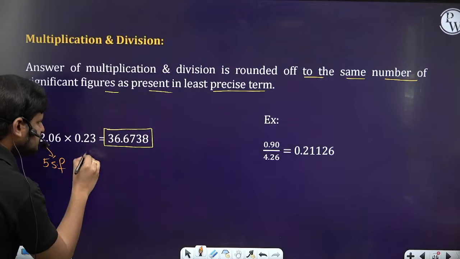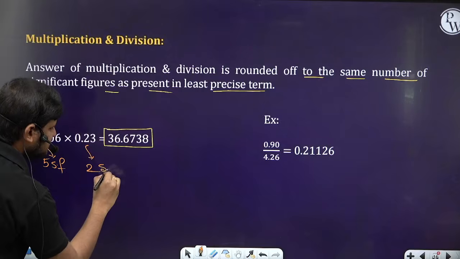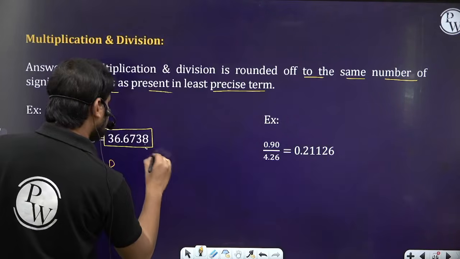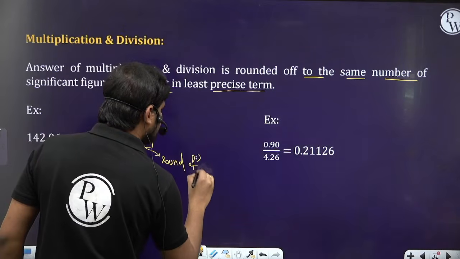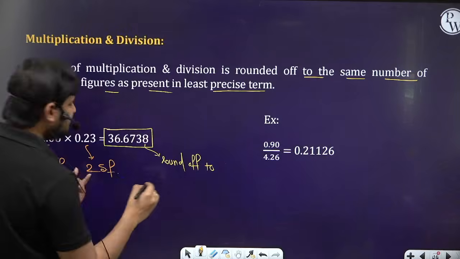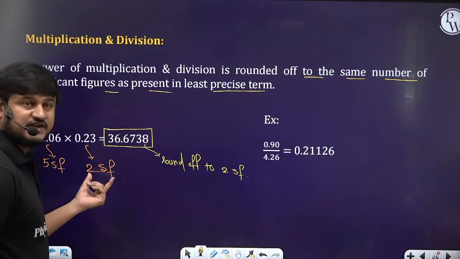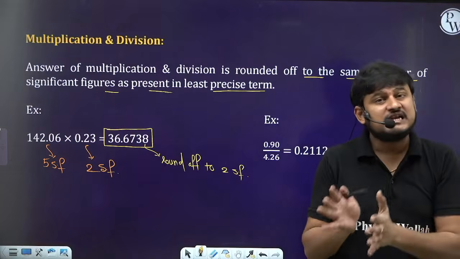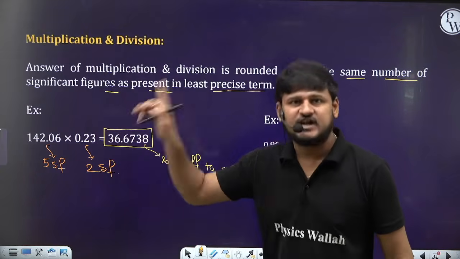In this one, there are only two significant figures because the leading zeros are insignificant. So the answer should be rounded off to two significant figures only, the one which has the least number of significant figures. In the case of addition and subtraction, it is the number having the least number of decimals; here it is the least number of significant figures.